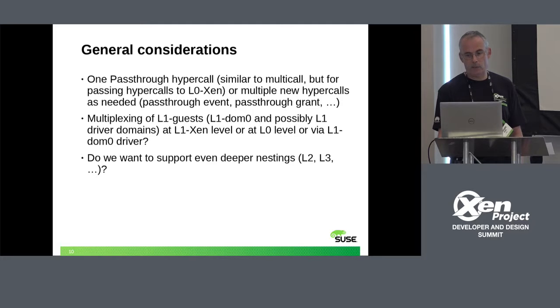Or is the way to go, like in XenBlanket, adding multiple new hypercalls for each purpose, for event channels, for grants, for Xen version, and so on. I'm a little bit biased to the pass-through hypercall, but maybe I'm alone with that idea. I have no idea.